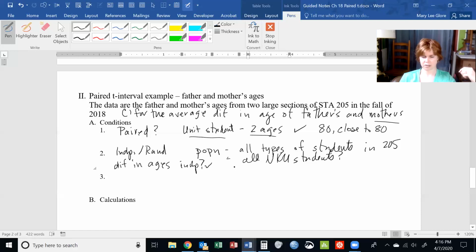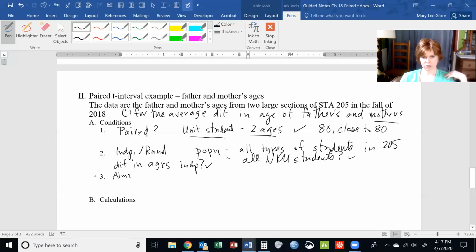If I talk to one of the students and I say, your father's 5 years older than your mother, is that going to affect the next student's parents' ages? No, it is not. They're independent, right? So I do definitely have independence, and if I pick my population right, I have representation. So that's good. All right, now the last condition is the almost normal condition.